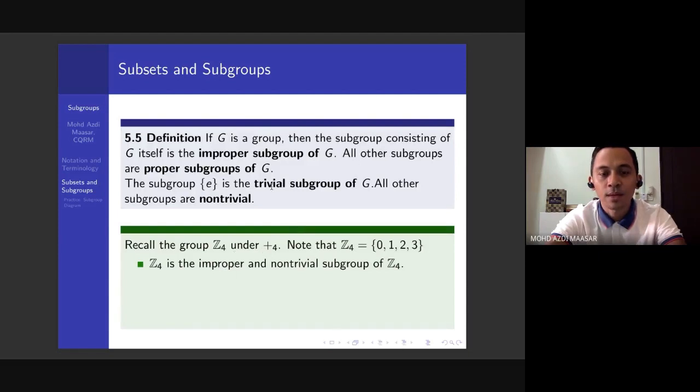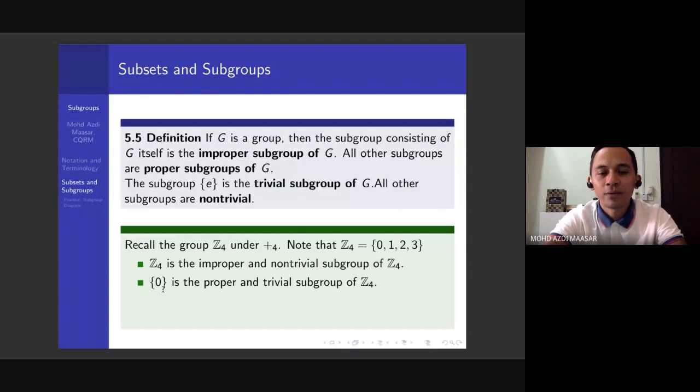Improper because of this definition, and non-trivial because it is not the trivial subgroup. Of course it contains 4 elements here. So we say that this subgroup is improper and non-trivial.